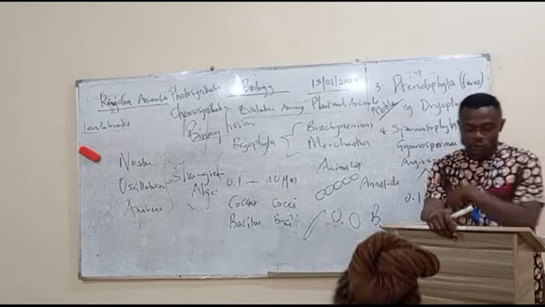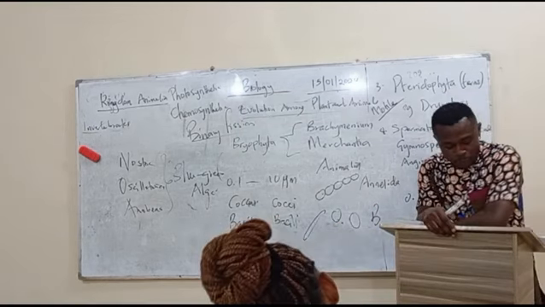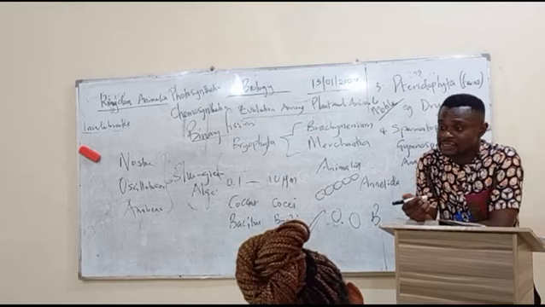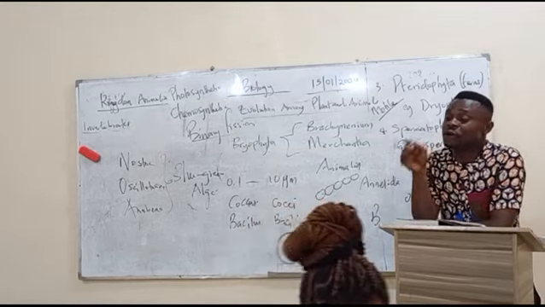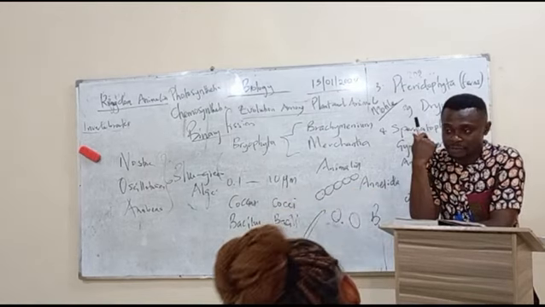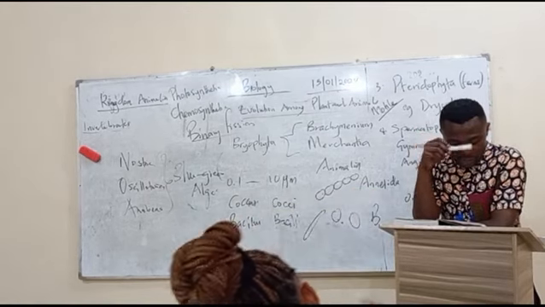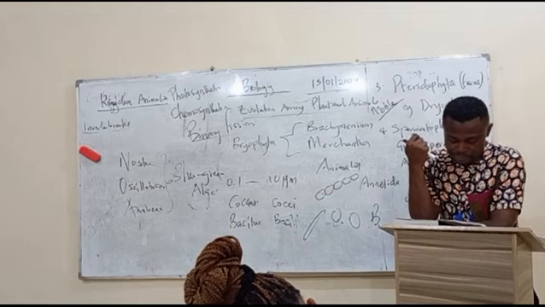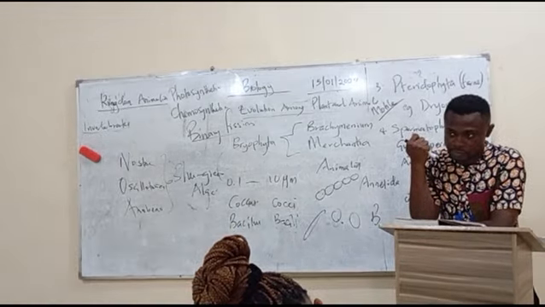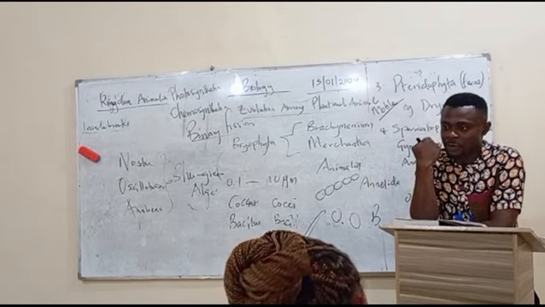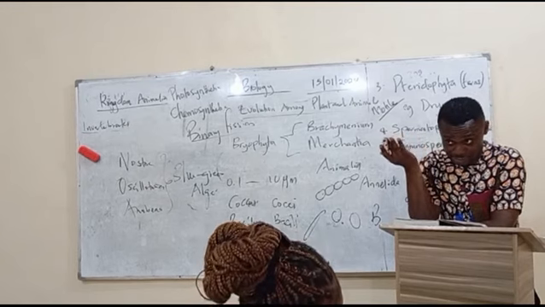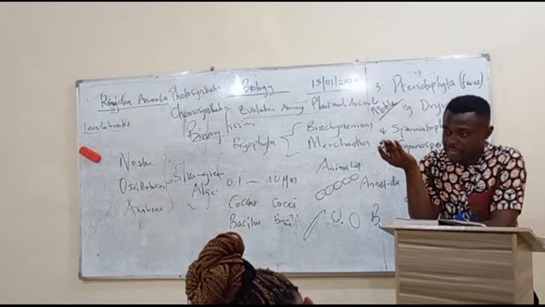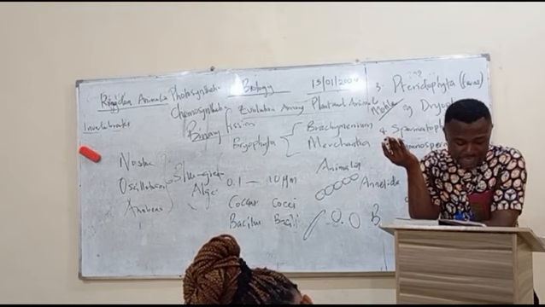Some have flagella, some have cilia, and some have false feet, pseudopodia, with which they move. These are three important structures that help in their movements.